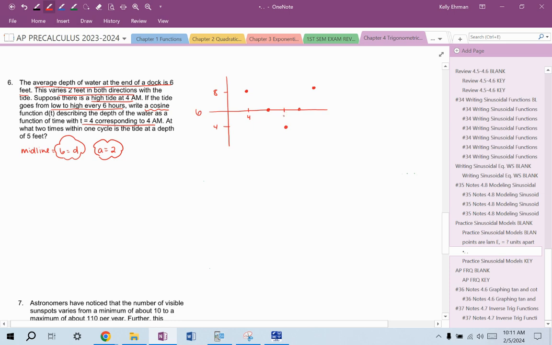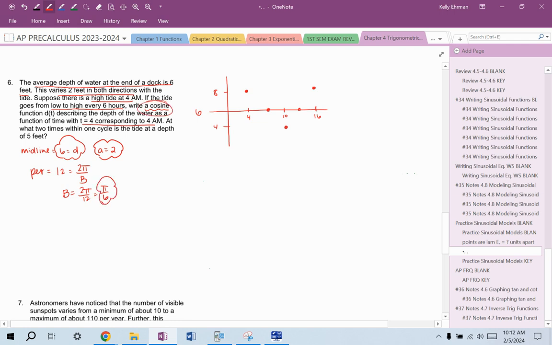So like this is happening at 10 hours. This is happening at 16 hours, and it began at 4 hours. So that means that the period is actually 16 minus 4. So the period is 12. That means B is 2 pi over 12, which is pi over 6. So there's B.